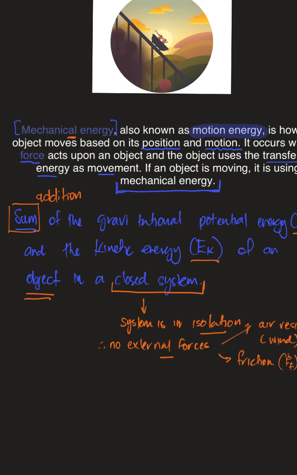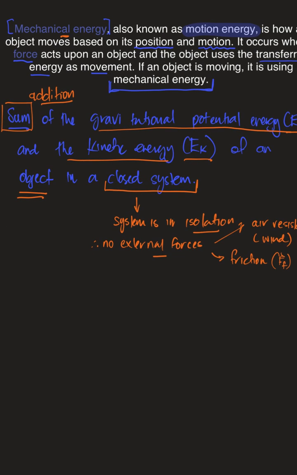So what this means is a sum. It's the addition of the gravitational potential energy and the kinetic energy. If I had to write a formula for that, I could say that mechanical energy is the sum of two things: the gravitational potential energy plus the kinetic energy.